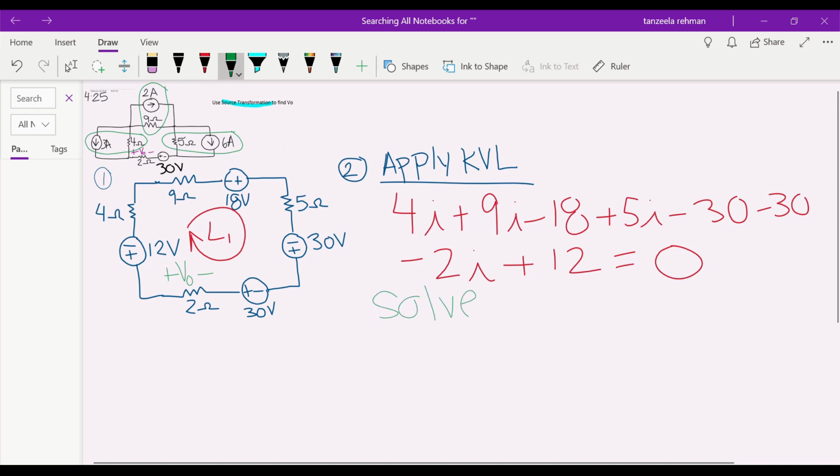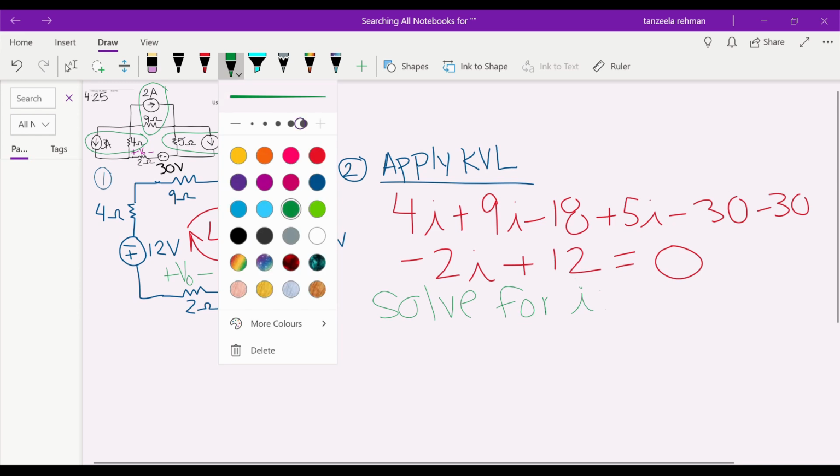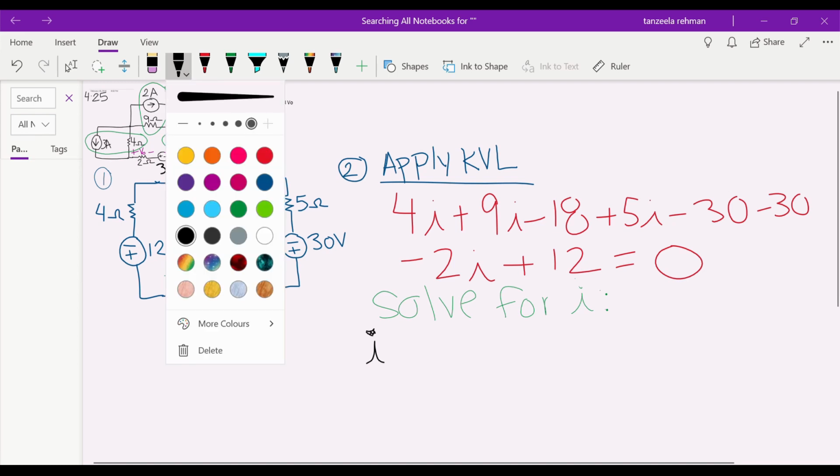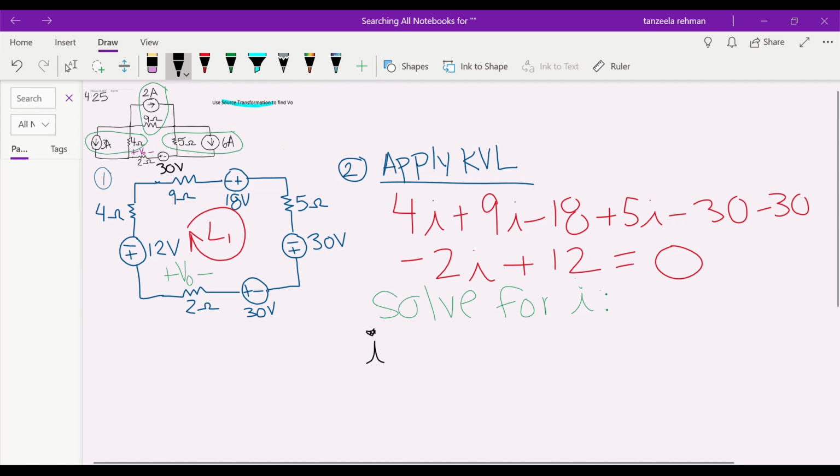So now we're going to solve for I. And solving this equation, we find that our current equals 3.3 amps in the direction of our loop shown.